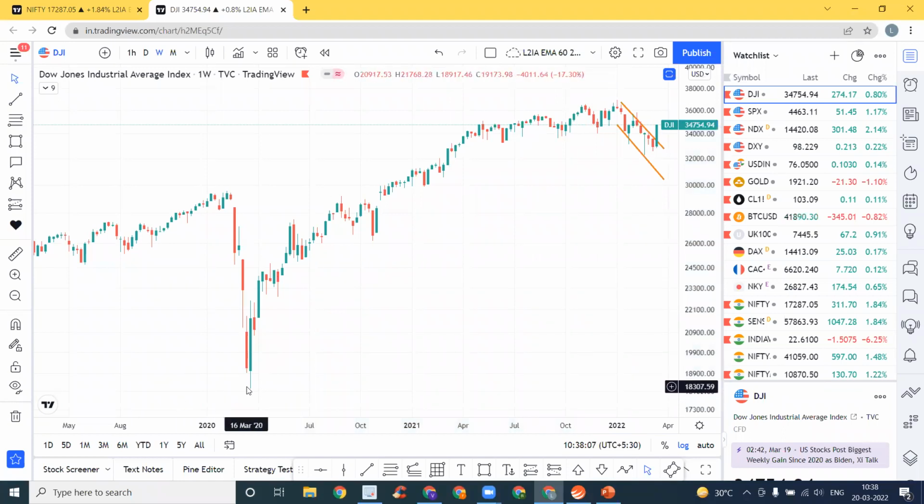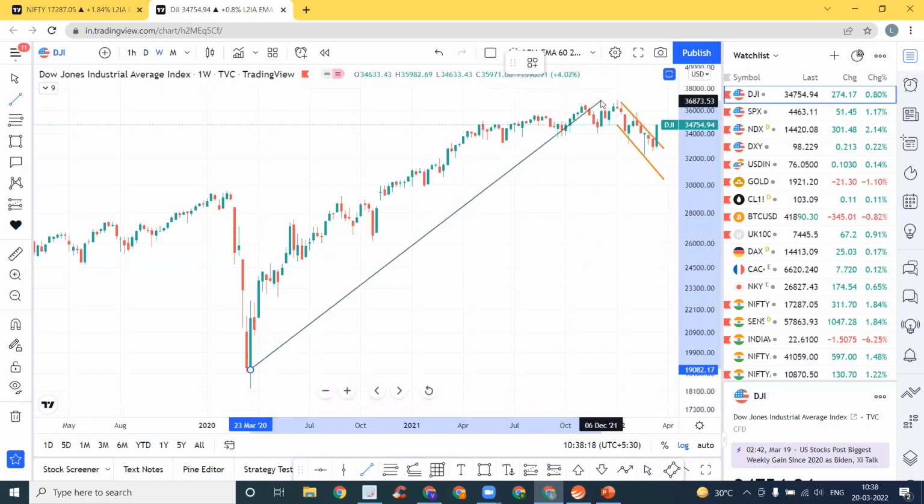I take the low of this March 2020, or I can take the body, and then I drag the mouse right up to the level where I can see a change in the trend.